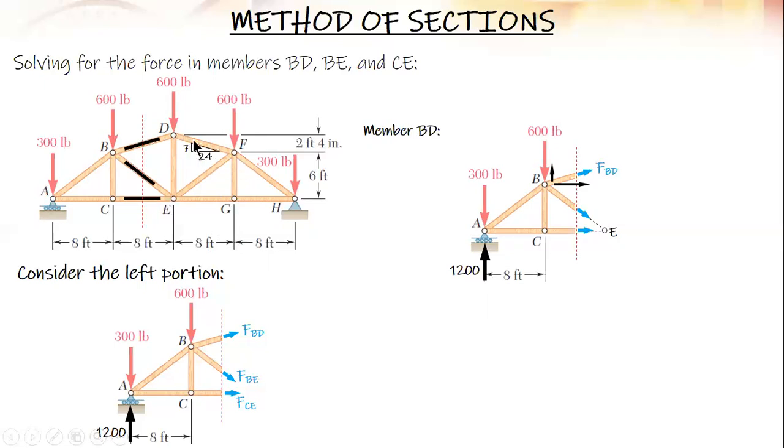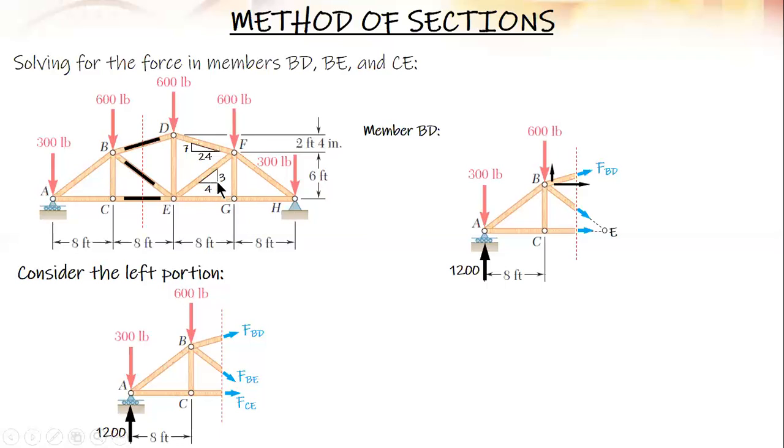And by the Pythagorean theorem, this is a special triangle. The hypotenuse is 25. For the other inclined members, the slope is 6 over 8, or simply 3 is to 4.